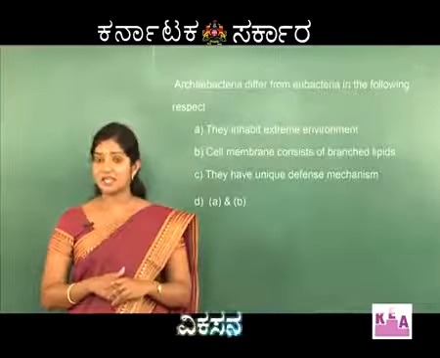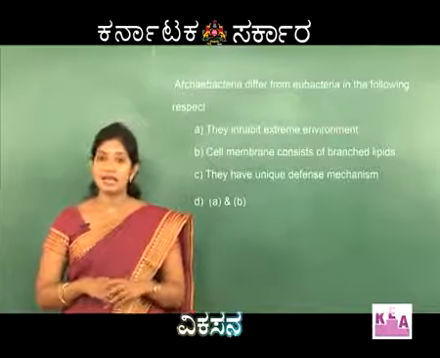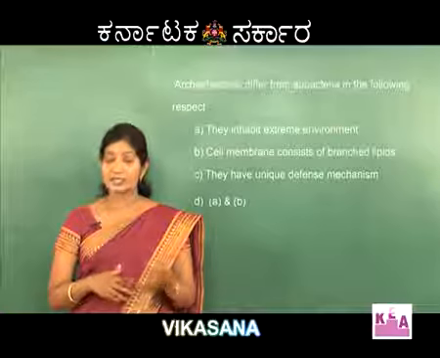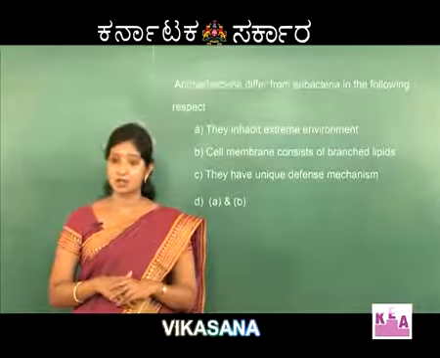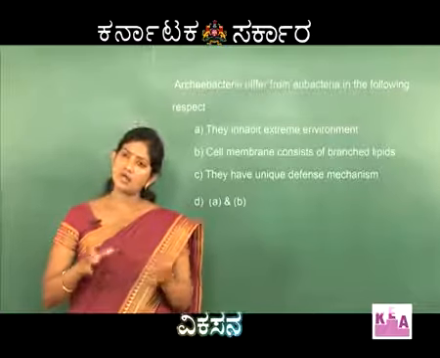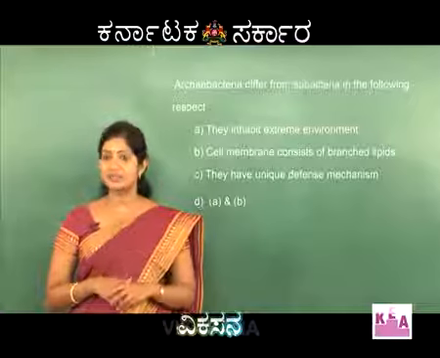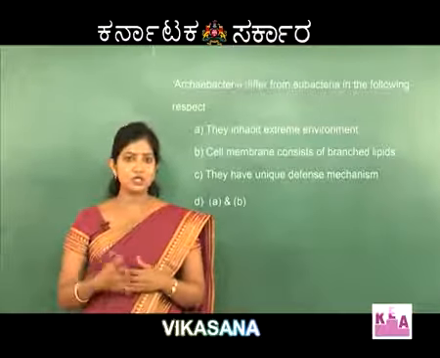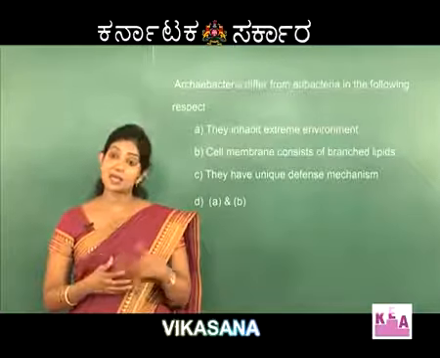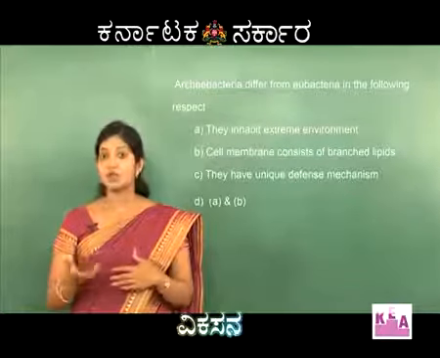Whereas Archaebacteria are capable of inhabiting or living in extreme conditions. For example, very high temperature, acidic medium, high salt condition, in all these conditions where normal bacteria or eubacteria die, these can survive. So, the next question will be, what makes them capable of living in all these areas? Why do they not die?